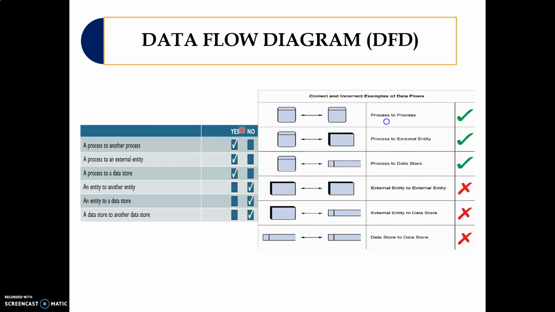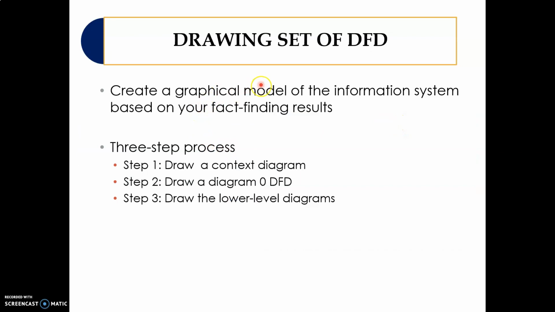As you can see here, this is the correct and incorrect examples of data flows. So moving on to the drawing set of DFD, there is a 3-step process for you to draw the DFD.